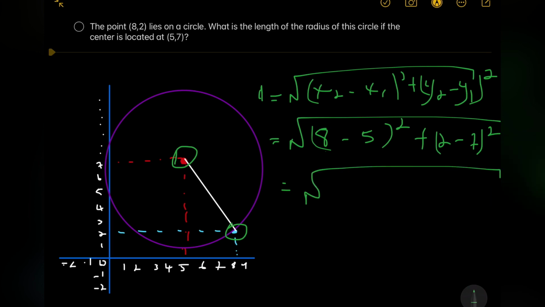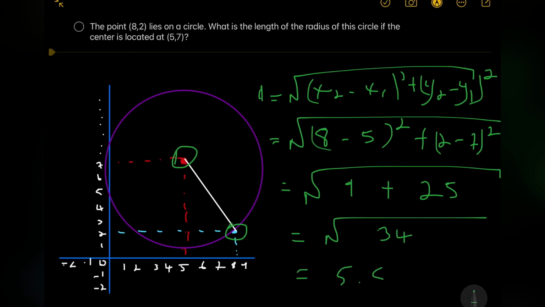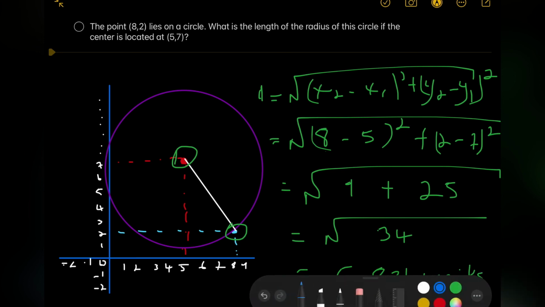Eight minus 5 is 3. When we square that, we have 9, plus 2 minus 7 is negative 5. When we square that, we get a positive 25. When we add what's under the square root, we get 34, which is equal to 5.831 units. And that's the length of this white line here.